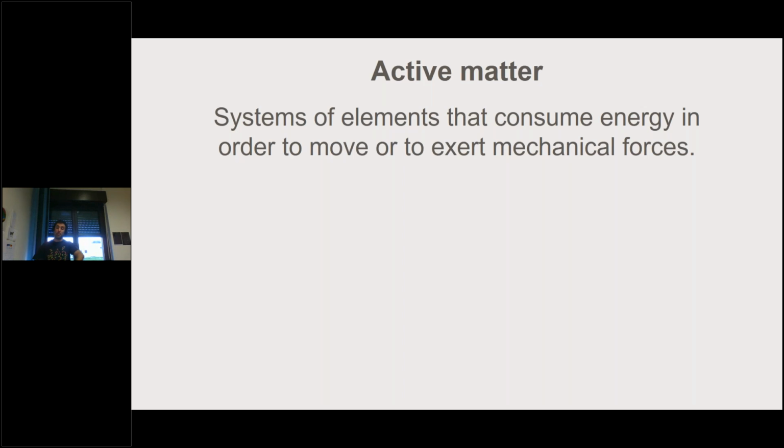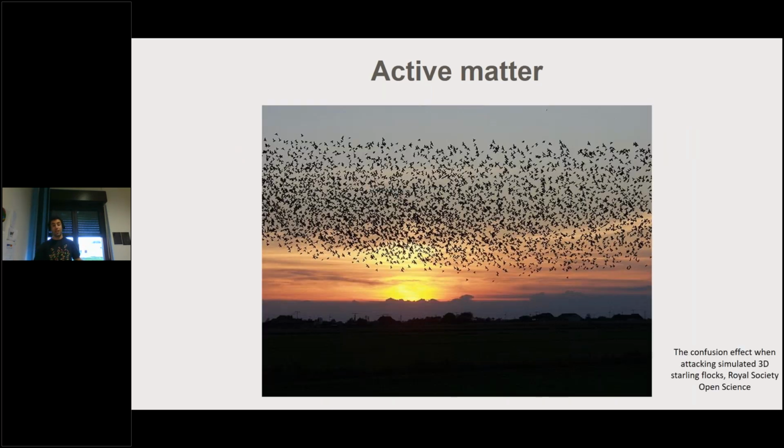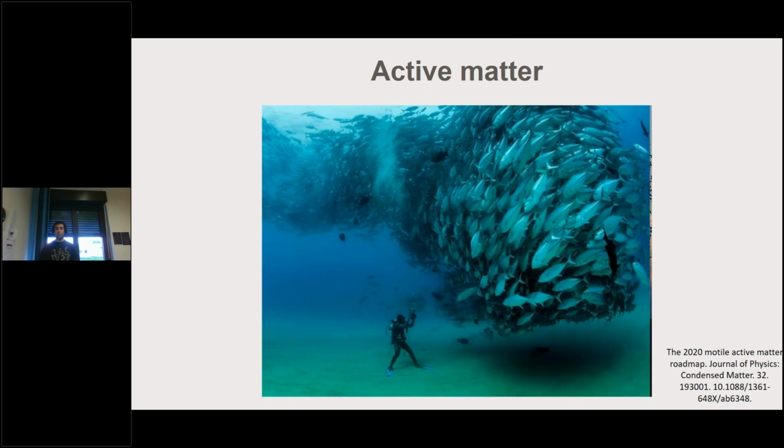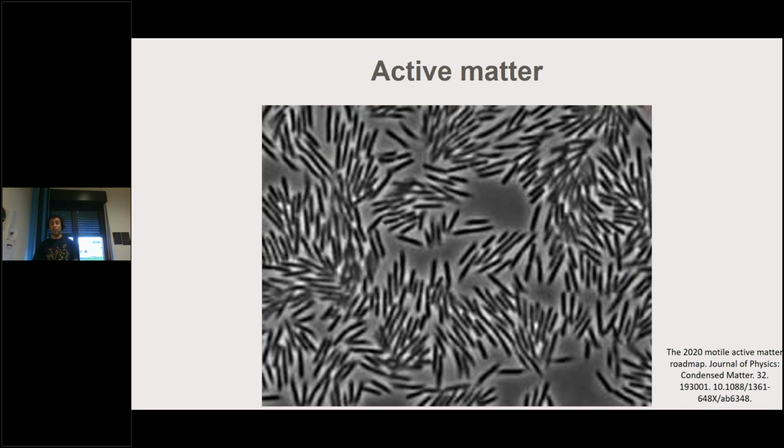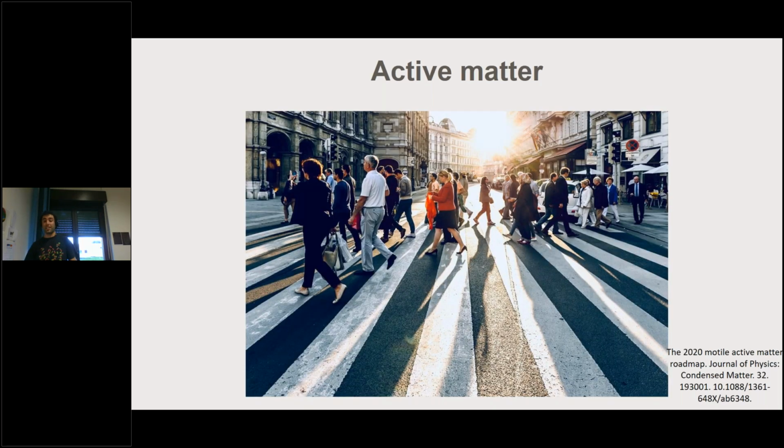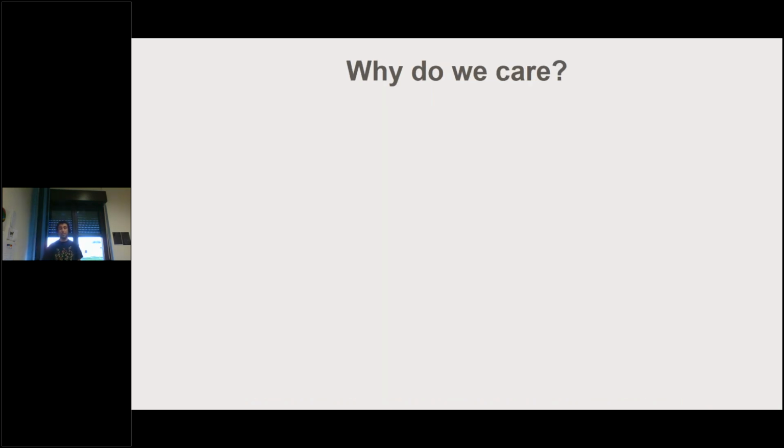This definition is very broad, and there are so many systems that can fit in this definition, from the flock of birds, as we can see here, to a school of fish, to a group of sheep moving from one place to another, to a collection of bacteria, or even to us humans. We are eating breakfast in order to get energy from the food so we can move or exert forces. This is what active matter is. As you see, this is very broad.